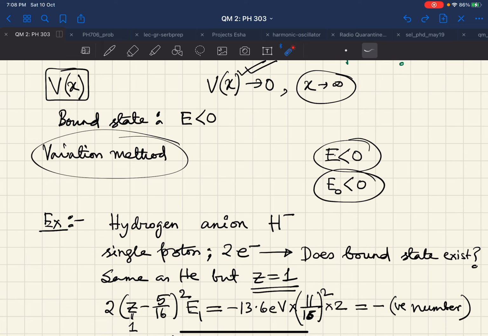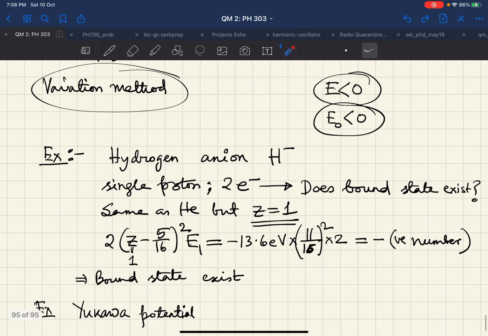The Hamiltonian of the hydrogen anion is the same as helium, but with Z equal to 1. This means whatever calculation we have done today, we can import for the helium atom and apply to the hydrogen anion with Z equal to 1.